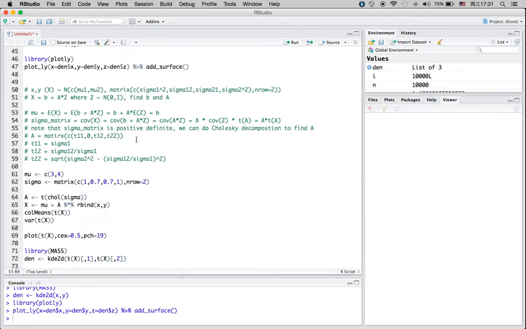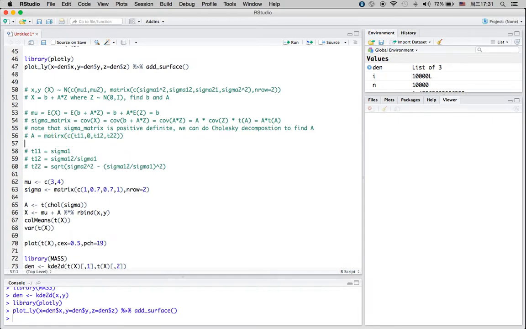You construct the matrix in this form, compute A times transpose of A, and set that equal to the sigma matrix.